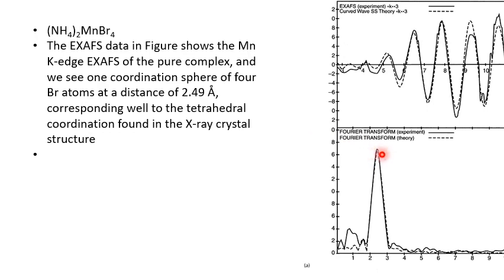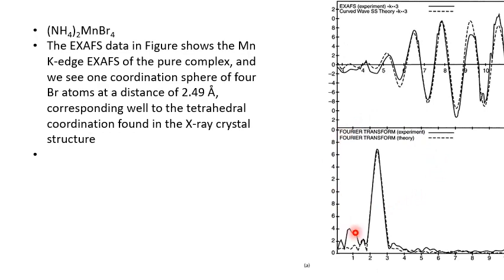This edge shows the manganese K edge, meaning electrons are excited from the K shell of manganese. Due to this excitation the manganese K edge is formed, and we see one coordination shell of 4 bromine atoms at a distance of 2.49 angstrom.